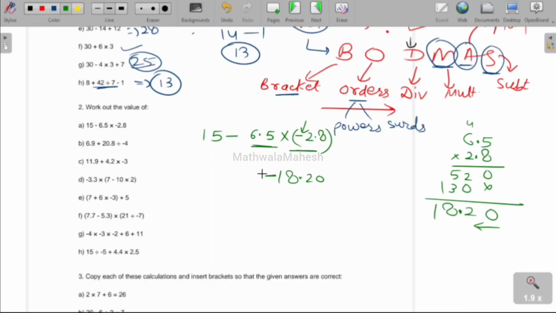So this is 15 minus, minus multiply by minus is plus. 15 plus 18.20, which is 33.20. So this is the correct answer, 33.20.